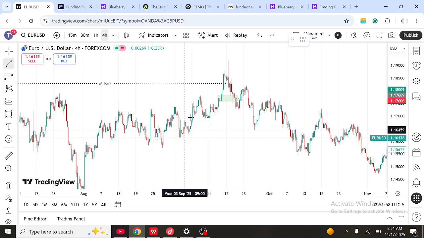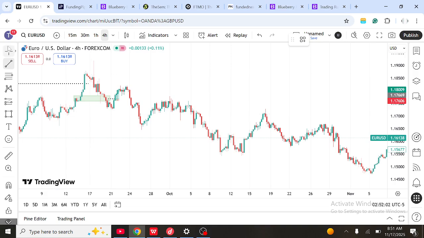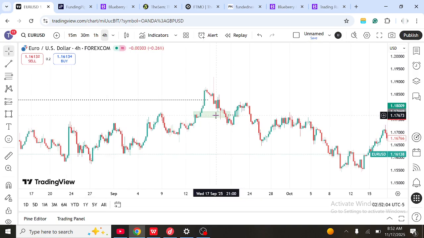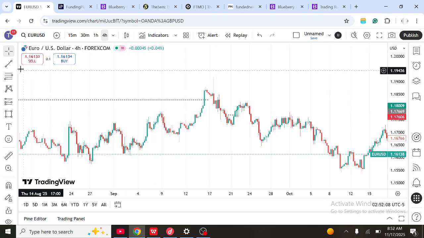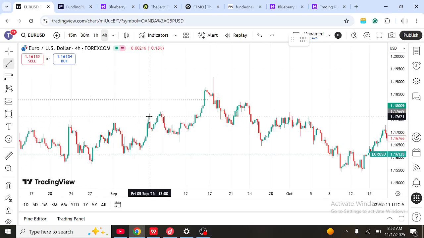Because if you look at it closely, you will see that we have our minor break of structure.